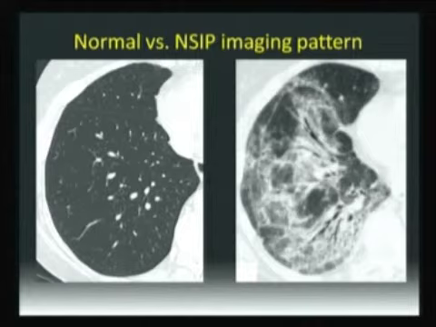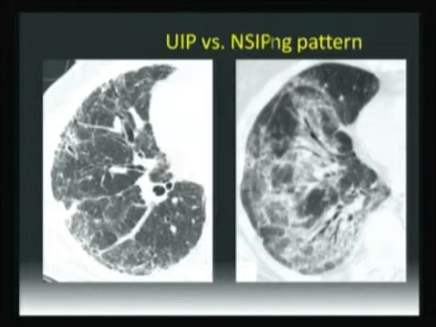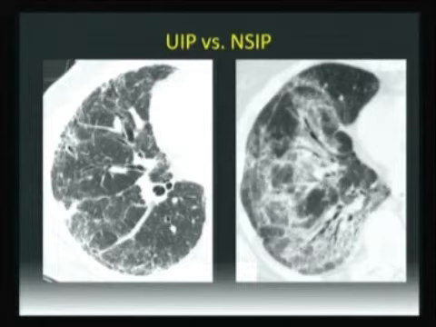You see, the imaging of NSIP is very typical, in particular when you compare that to UIP. So there is definitely more ground glass, more consolidation, more traction bronchiectasis, no honeycombing for NSIP, and that's a suggestion for an underlying connective tissue disease.